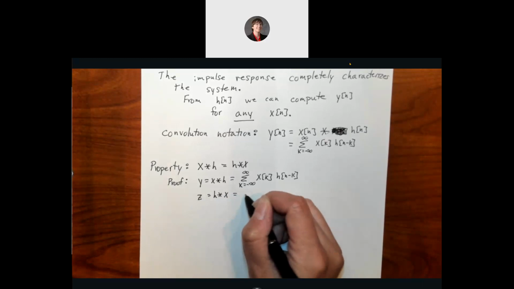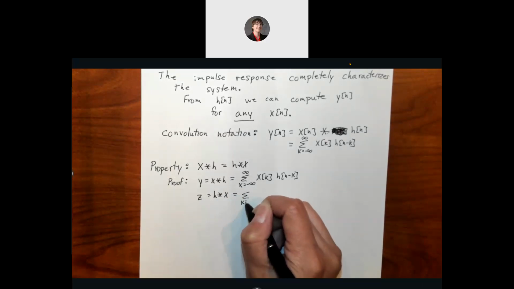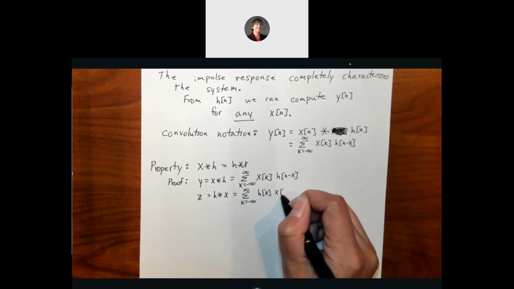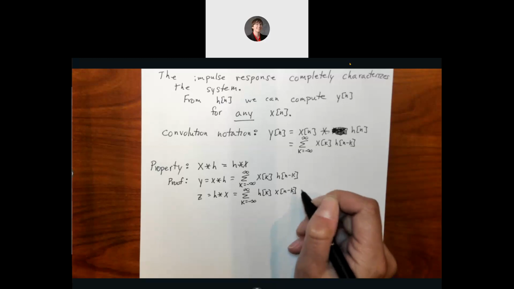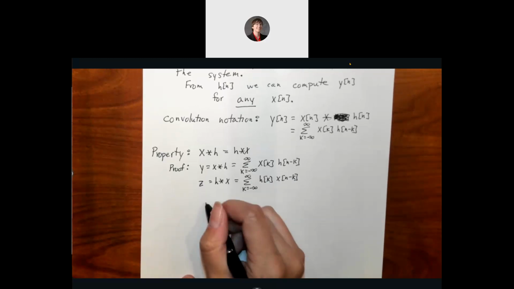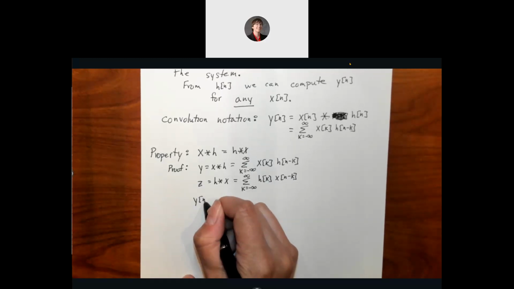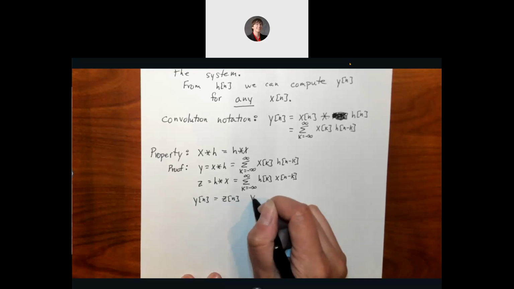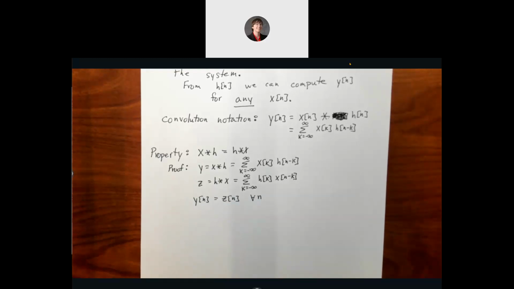And if instead I do h convolved with x, then I'd switch this around and I'd have h k x n minus k. And so it turns out that my y is equal to my z, and that's true for all n.